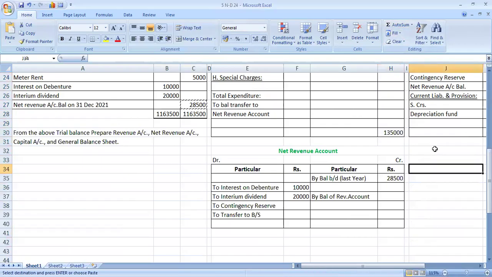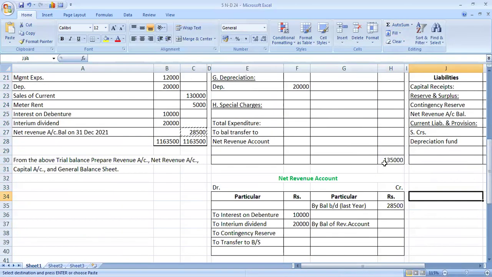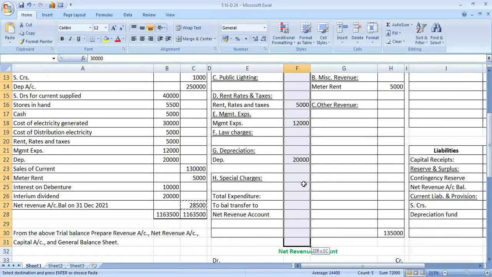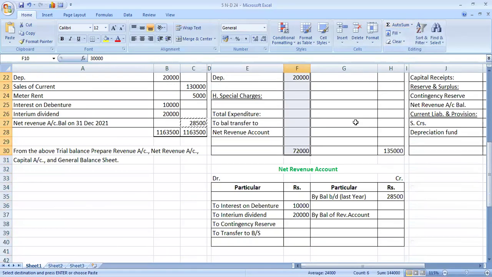Revenue account credit side is 1,35,000, less debit side. The difference is transferred to net revenue account, that is 63,000.